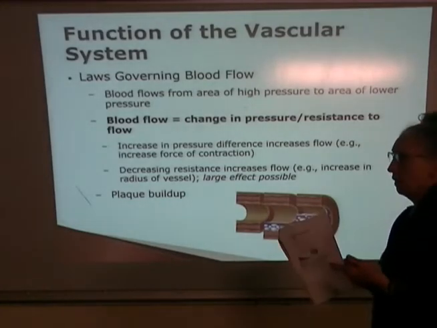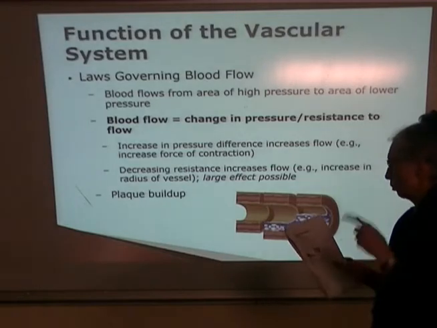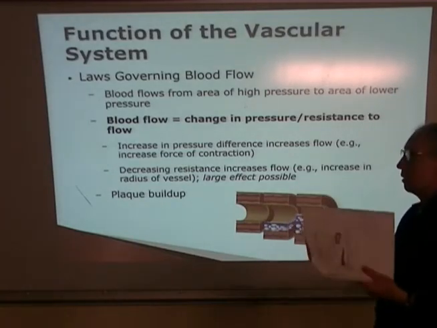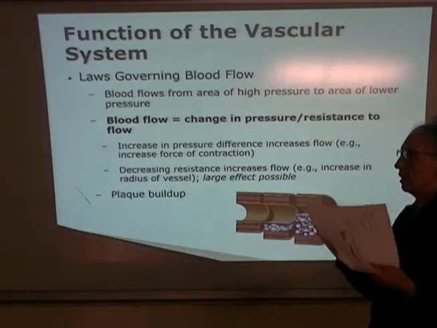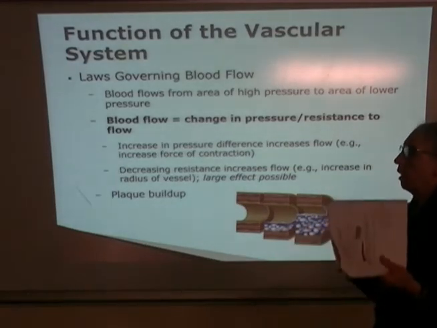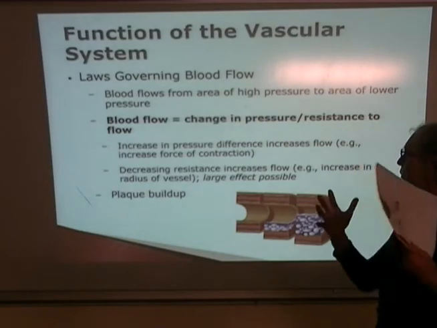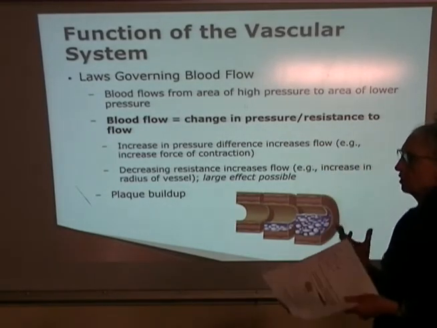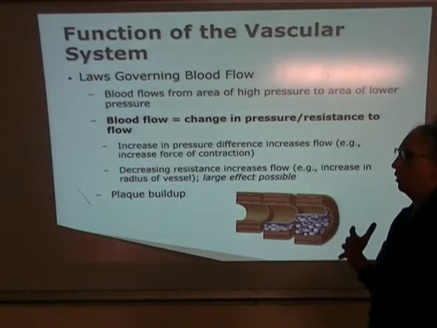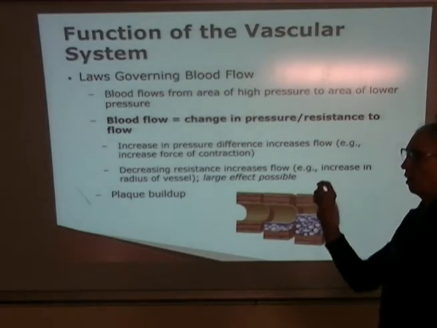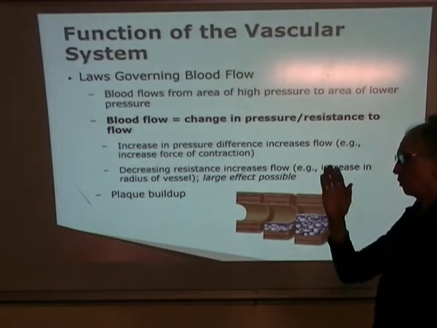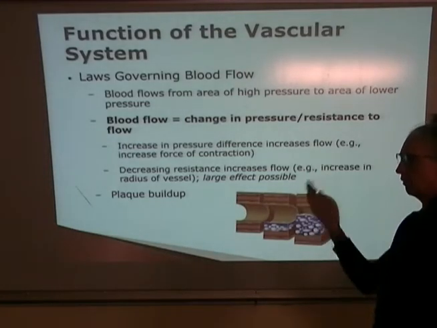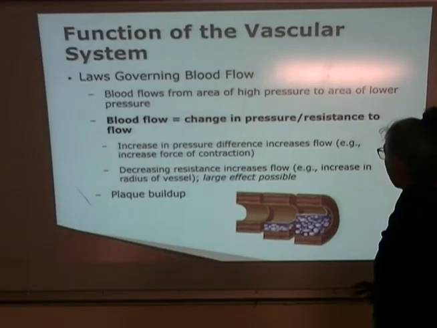Then you might recognize this law, that gases and liquids move from an area of high pressure to an area of low pressure. And actually it's not just gases and liquids. When we look at ions moving back and forwards across the membrane, they do the same thing. They move from an area of high pressure to an area of low pressure.